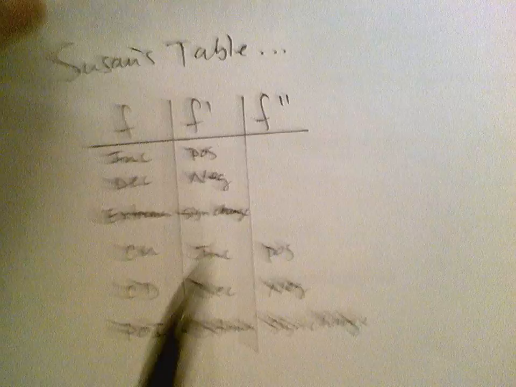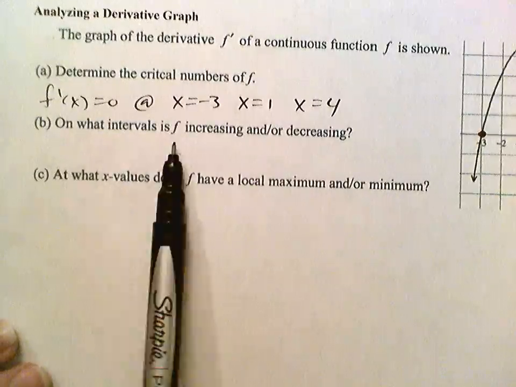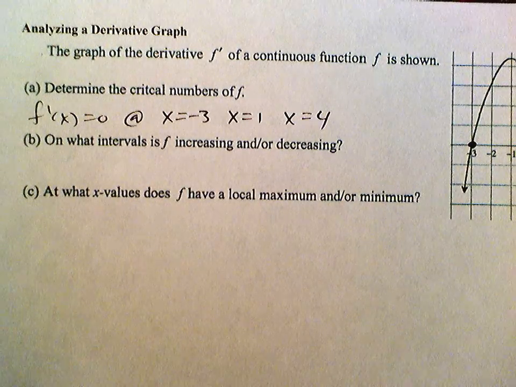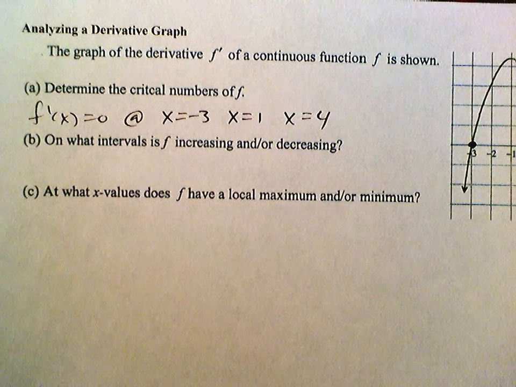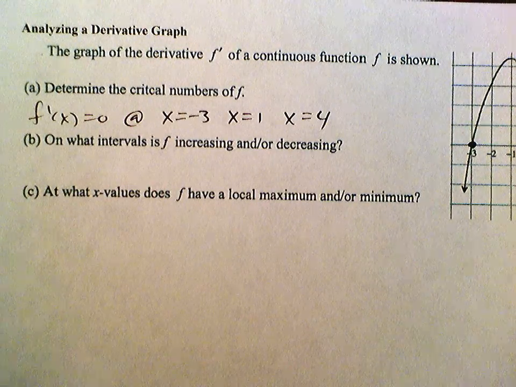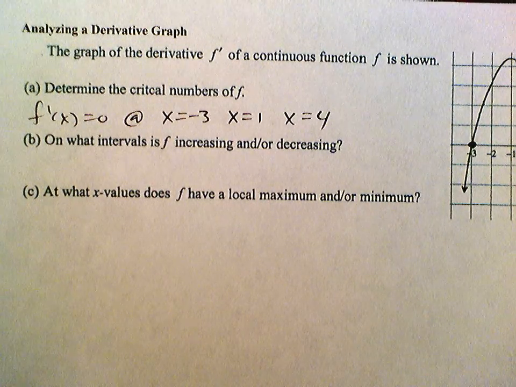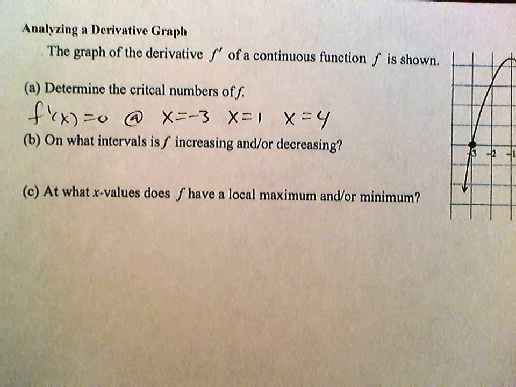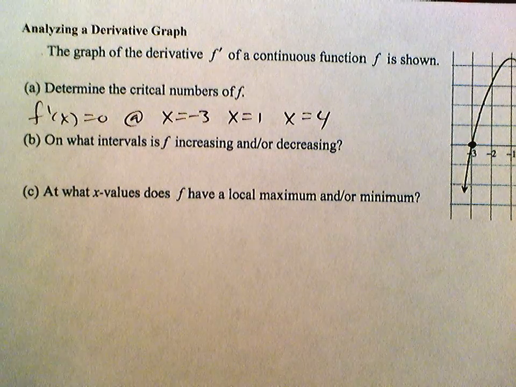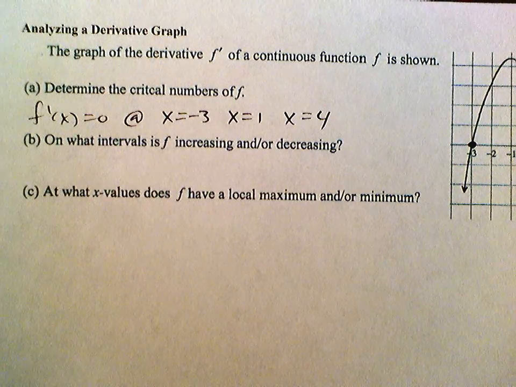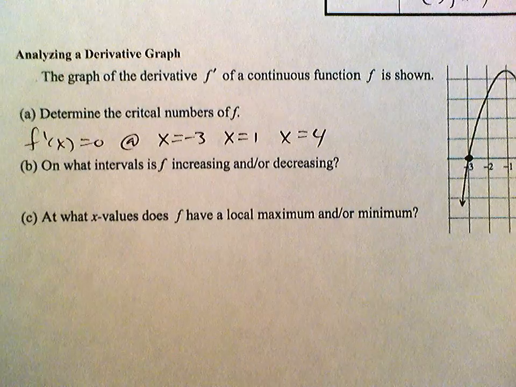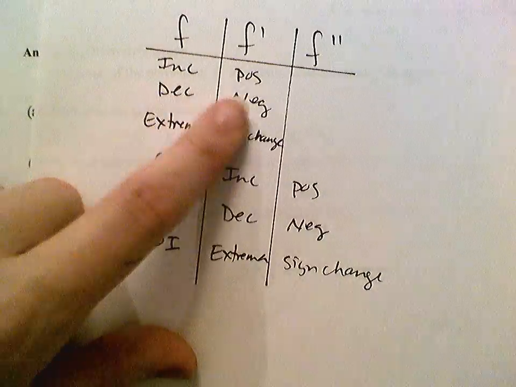But so this is asking us on what intervals is f increasing. Well, if f is increasing, then so is the tangent line to any point that touches it there. So if the tangent line is increasing, then that means that the slope of the tangent line is positive, which means that f prime is positive. Okay, so f is increasing when f prime is positive.